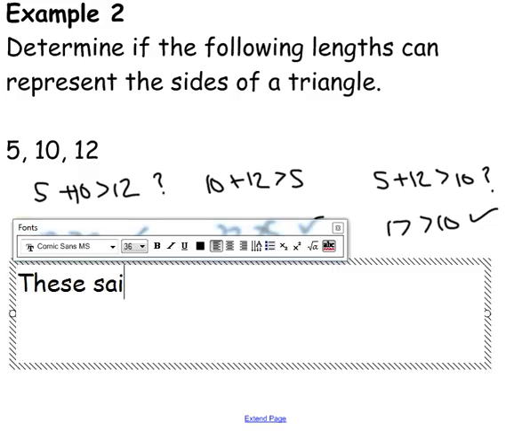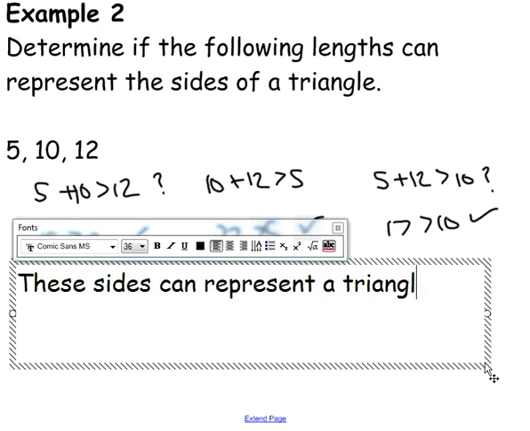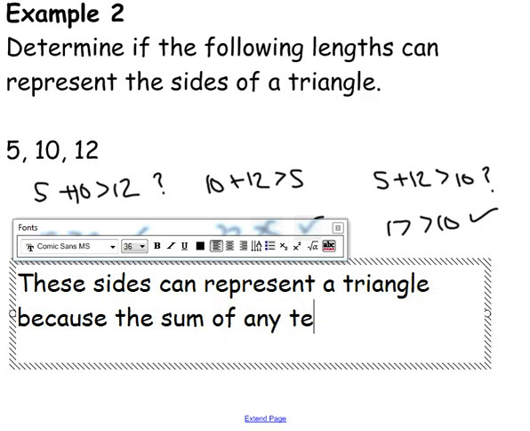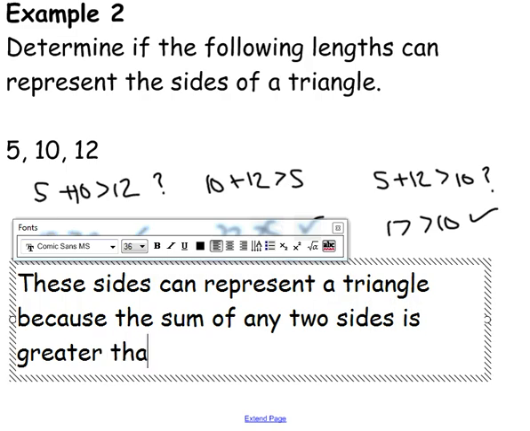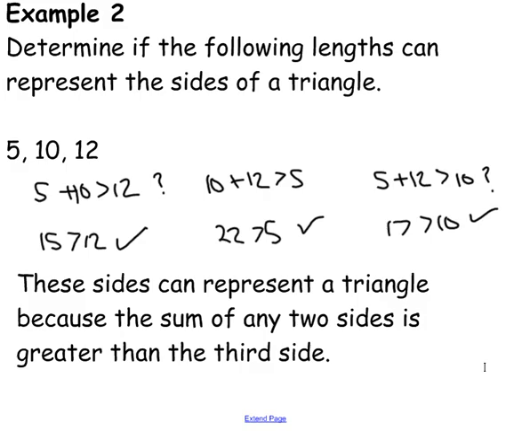These sides can represent a triangle because the sum of any two sides is greater than the third side, or the side that's left.